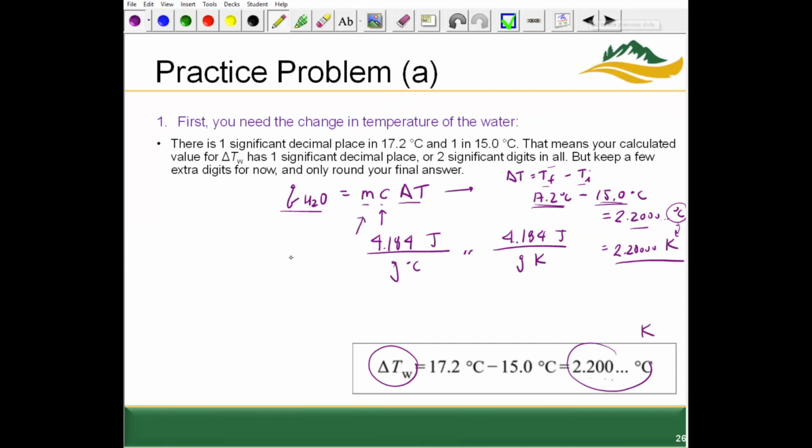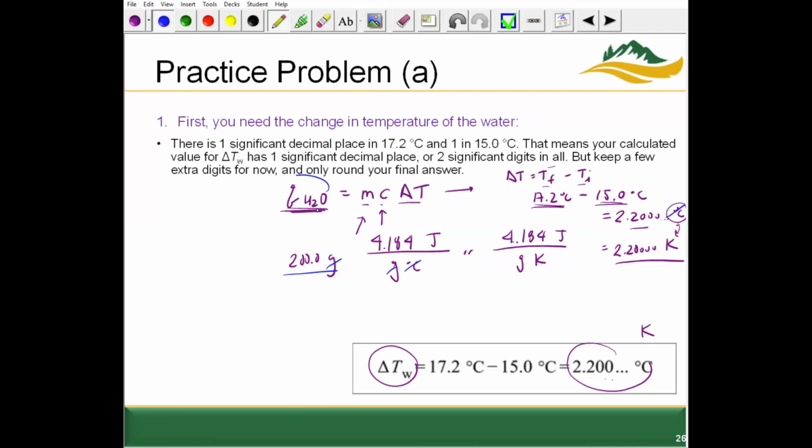The mass is 200 grams. So now we have everything to solve for the heat of the water. 200 grams, grams and grams cancel out. Change in temperature, 2.200 Kelvin or Celsius. If we stick with Celsius, then Celsius and Celsius cancel out.